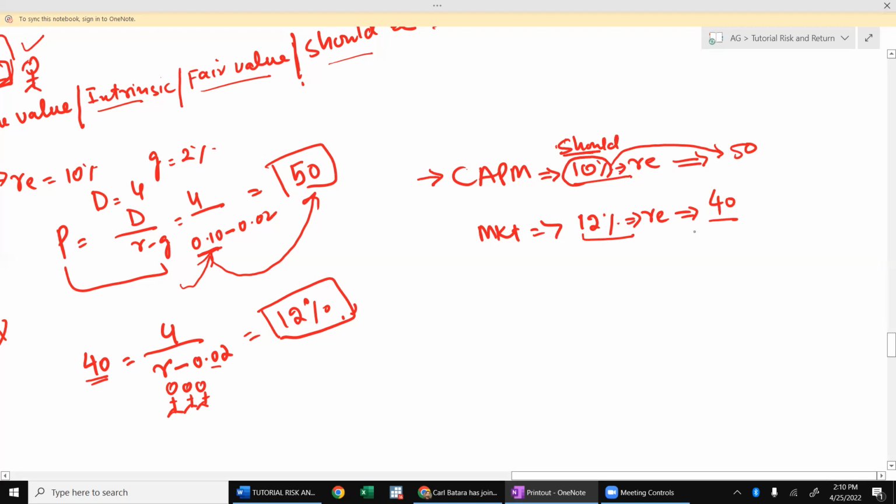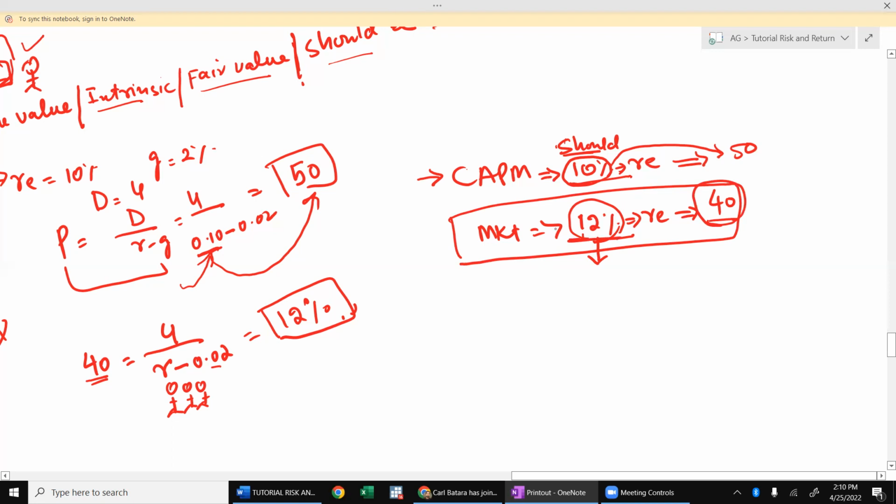That the existing shareholders are requiring 12%. Why? Maybe because they think it is risky, we don't know, but they are requiring higher than they should, which is 10%. So it means that in the market the asset is undervalued. When it is undervalued, it means the people are requiring a higher return.